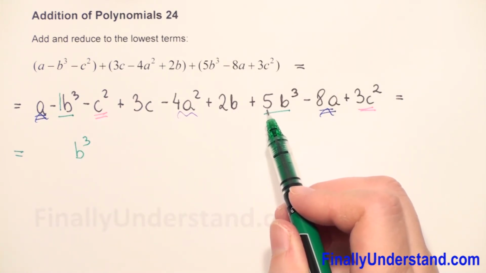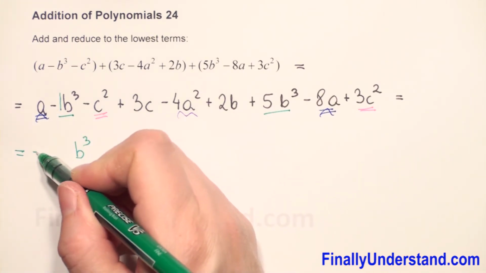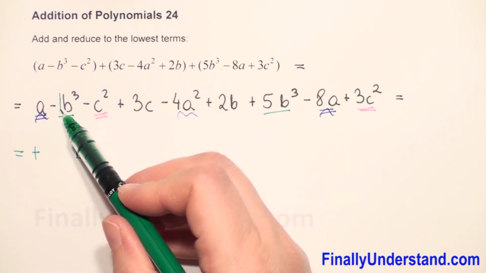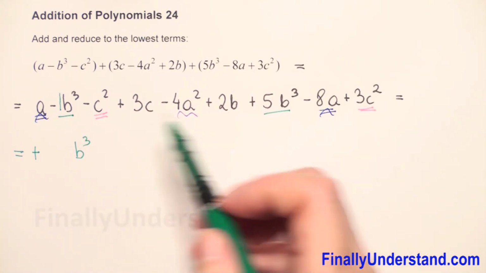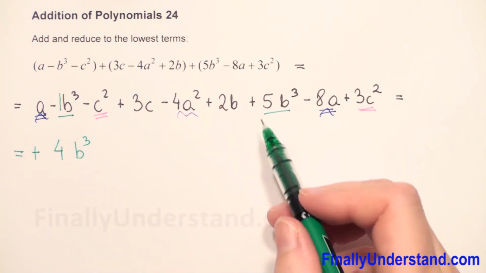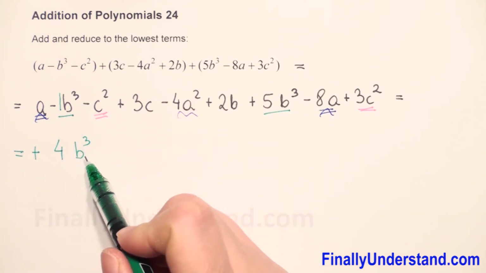We keep the sign of the largest number. 5 is greater than 1, so it will be a positive sign, and we just subtract the coefficients. 5 minus 1 is 4, so negative 1 plus 5 is positive 4, and we add b cubed.